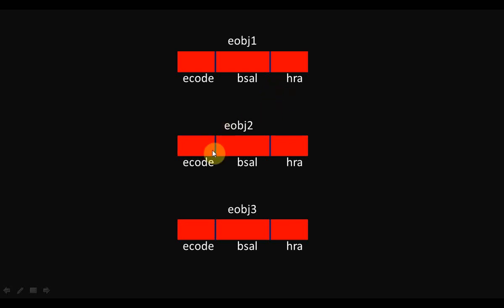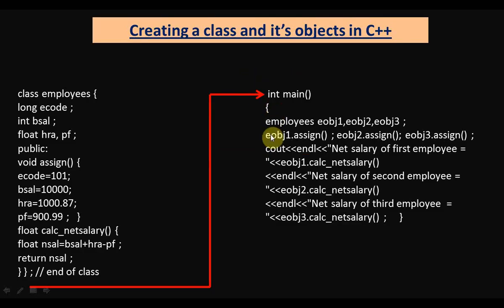This is our second object. This is our third object. All the three objects belong to the same class. Always remember, the objects of the same class will have the same kind of structure, but they will be stored separately in the memory.